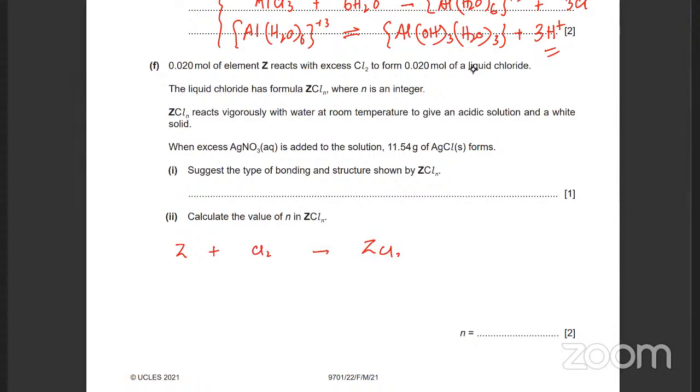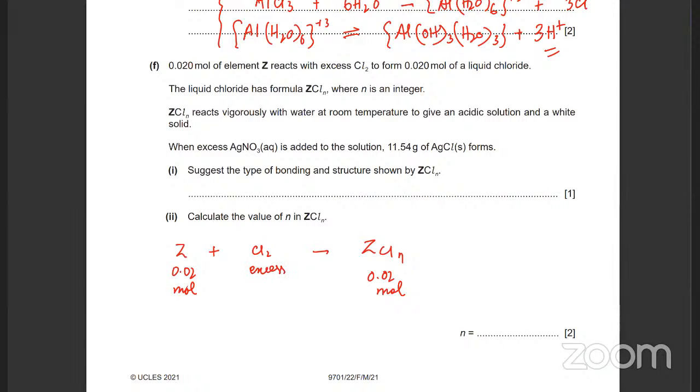So it's ZClX, let's say. They've actually given it as ZClN. So this is 0.02 moles, and this is also 0.02 moles, while this one is in excess.